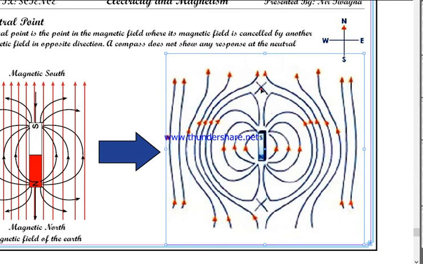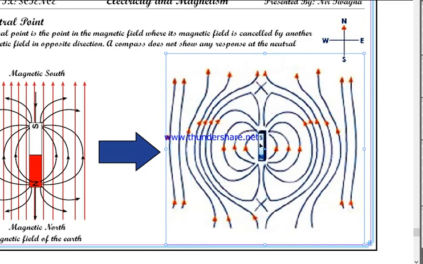So at this point also, the magnetic lines of force of magnet and earth are moving in opposite directions, and since they are equal in quantity, they cancel out each other. So here also you obtain a neutral point.